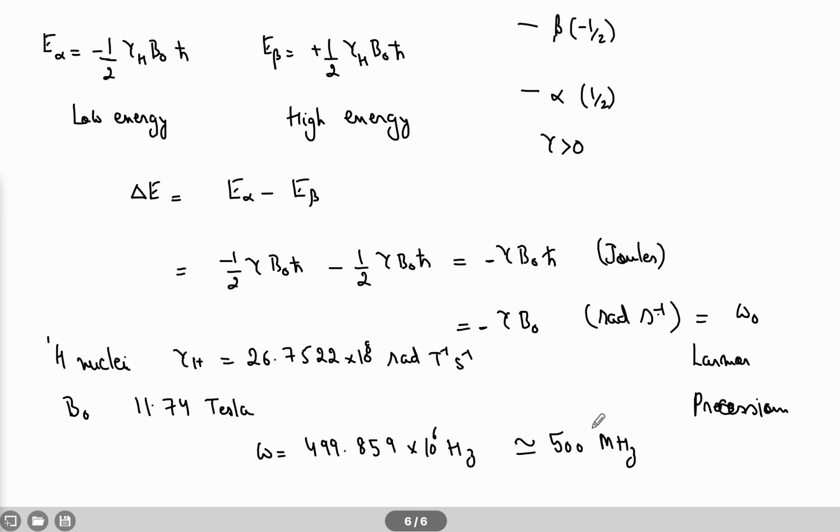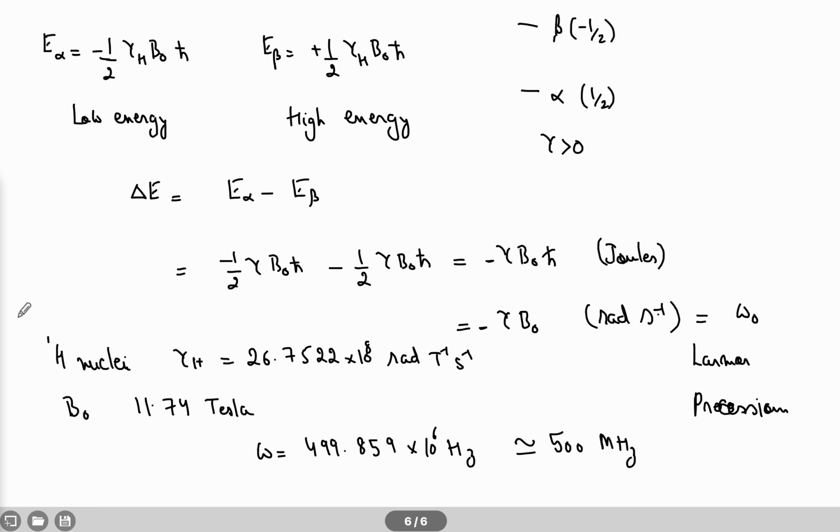So we can also call a 500 magnet an 11 Tesla magnet, or a 600 magnet a 14 Tesla magnet, and a 400 magnet a 9 Tesla magnet, and so on. But in some labs it is also a norm that you call it a 400 magnet, 500 magnet, or 600 magnet. So you can precisely calculate the Larmor precession once you know the gamma value and the B0 value.